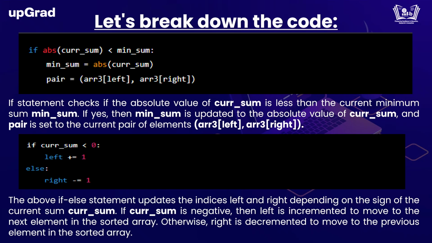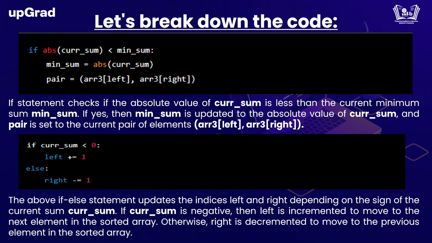The next line, current sum equals array of left plus array of right, calculates the sum of the current pair of elements, where array of left and array of right are the current elements indicated by the left and right indices respectively.